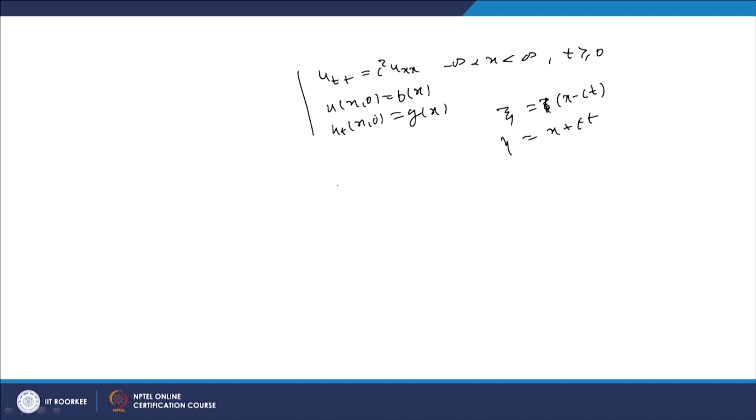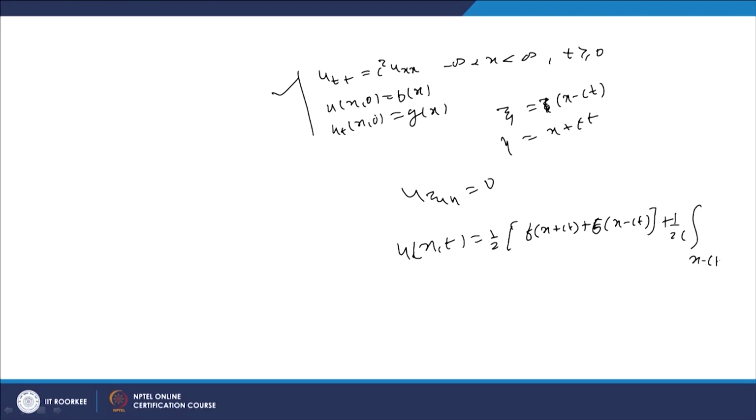With the help of this, we reduced the problem to u_xi eta equal to 0, and after solving it we obtained the solution u(x,t) equal to 1 by 2 [f(x plus ct) plus f(x minus ct)] plus 1 upon 2c times the integral from x minus ct to x plus ct of g(xi) d xi. So here we have used the method of characteristics to solve the one dimensional infinite string problem.